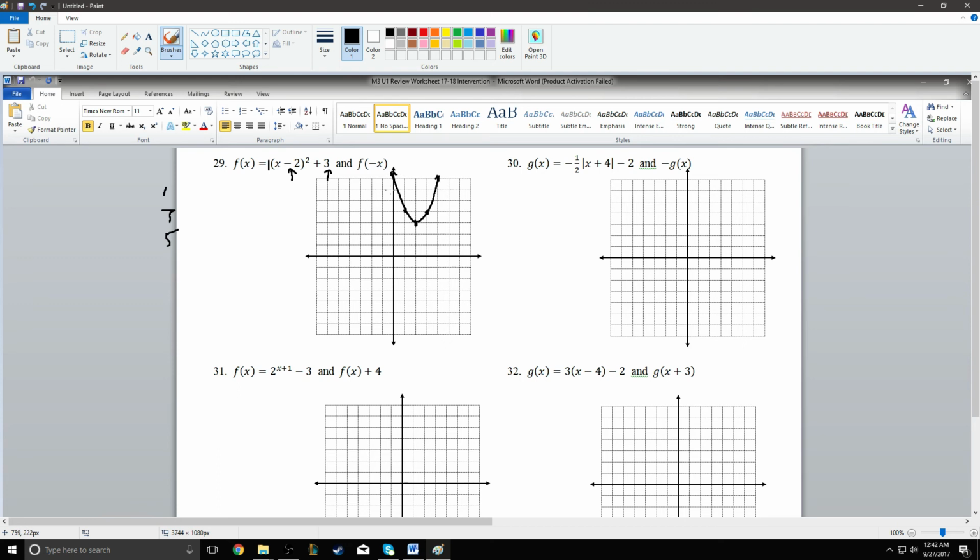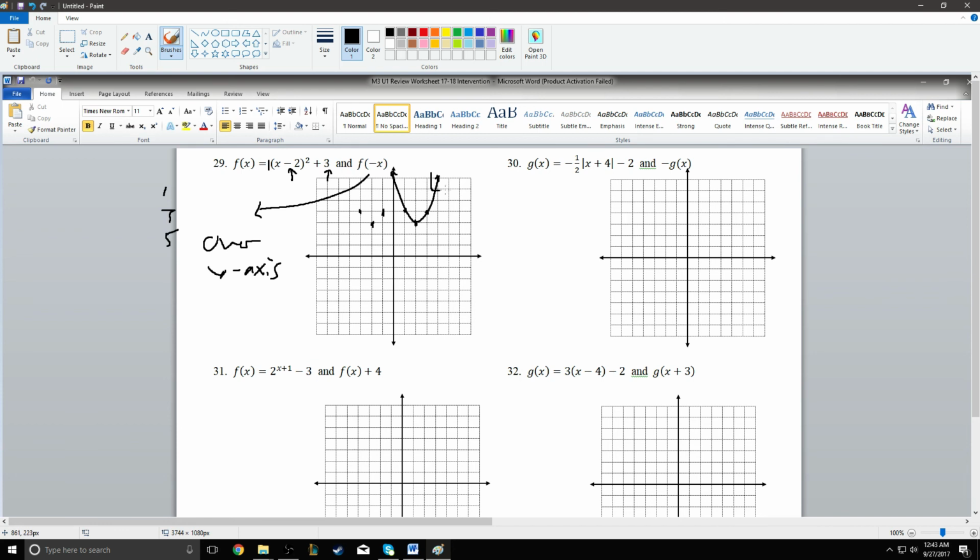Okay. So here's the deal. This says f of negative x. This means that you're going to reflect over the y axis. So if it says negative x, you go over y because you're changing x values. So this point comes over here, this point comes over here, and this point right here is 1, 2, 3 away from the axis.